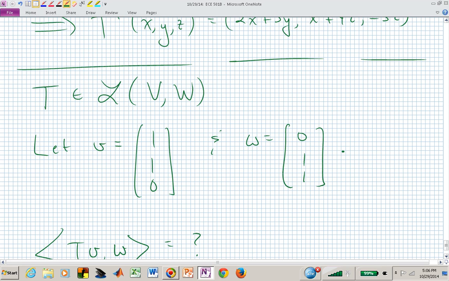How are these two vectors aligned? Do they share any kind of direction? Are they correlated in any way? And yes, they do somehow. One is in the XY plane and one's in the YZ plane, aren't they? So they do share some commonality. They're not orthogonal, so the inner product is not zero, but there is some correlation. And in this case, the inner product is 1, isn't it?